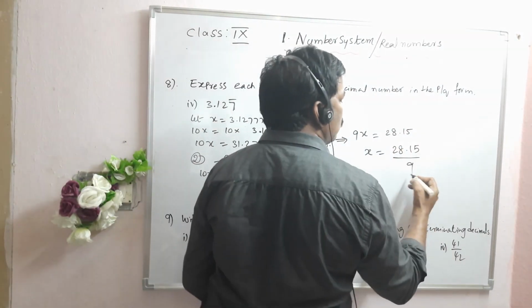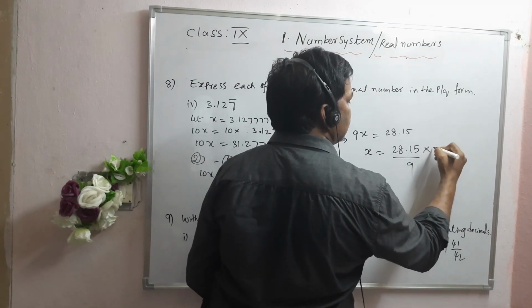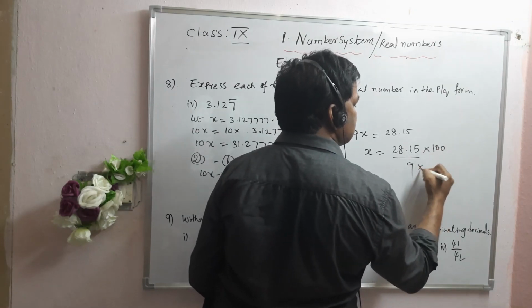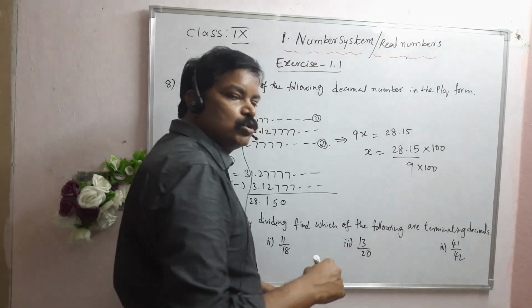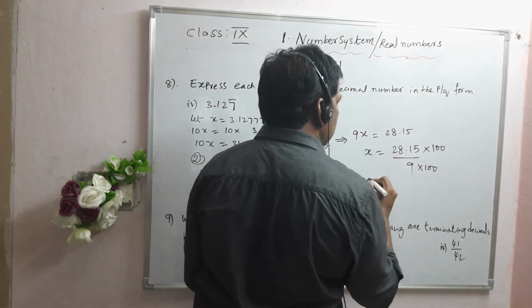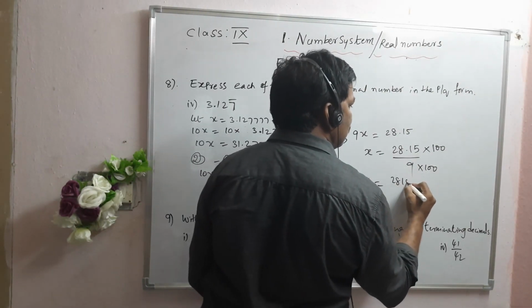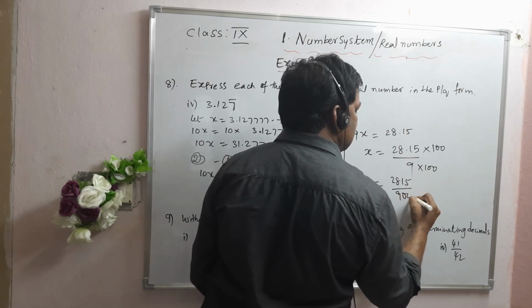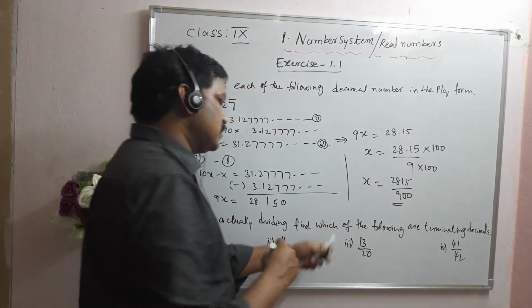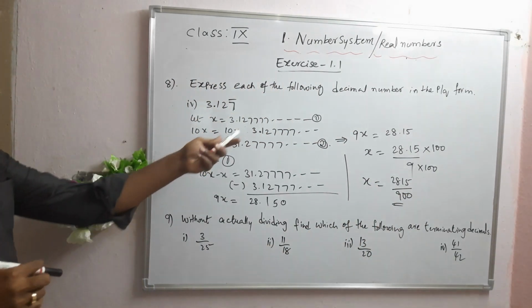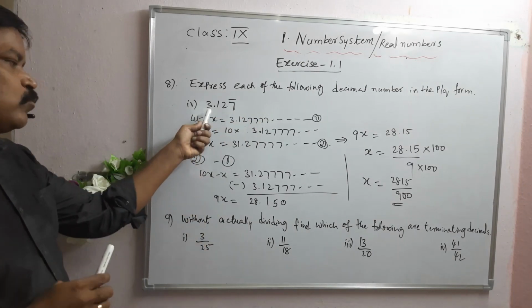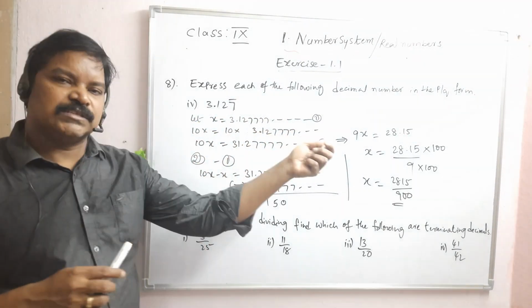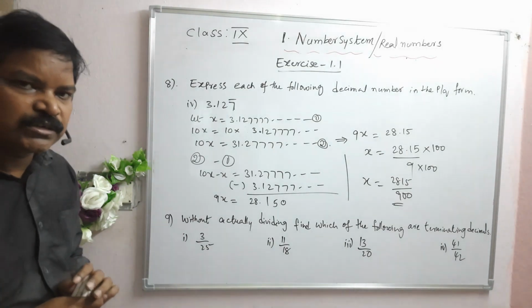To remove this point, let us multiply with 100 in both numerator and denominator. Therefore x is equal to 2815 by 900. So this is the p by q form of 3.12777 and so on. Understand, children?